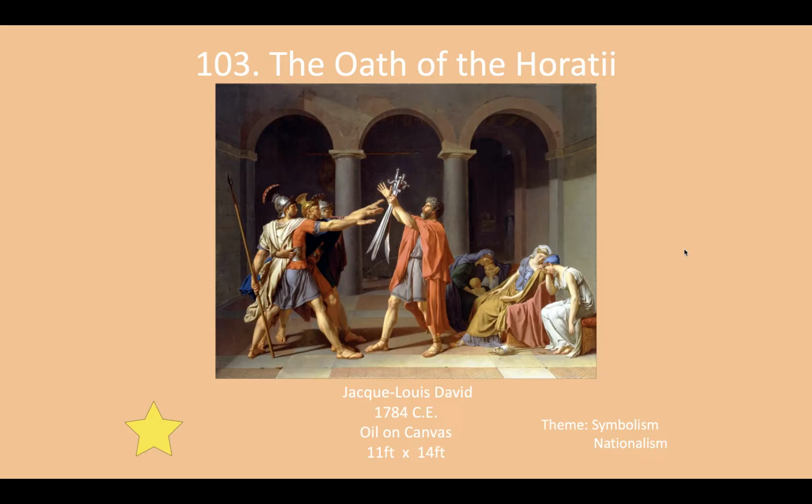Your allegiance is to France, and your allegiance needs to be that you will die for France if you need to, as these men are going off to die for Rome if they need to. They win, by the way, the Horatii. And so the girl loses her husband, but all 3 of her brothers live, right? So there you go.